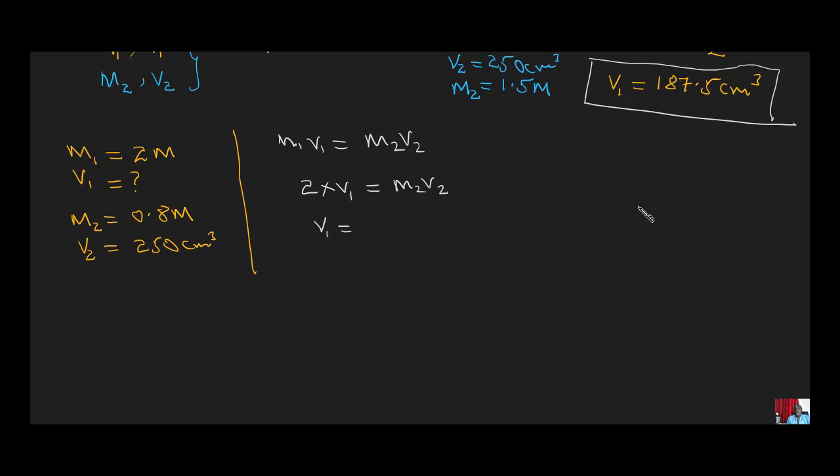Therefore, V1 is equal to 0.8 multiplied by 250 divided by 2. And this becomes 100 centimeters cubed.